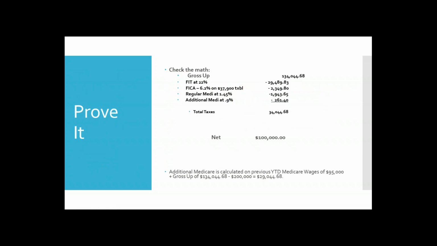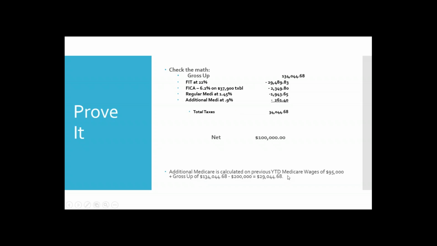And once again, we can prove this result. If we take our gross up amount of $134,044.68, federal at 22%, FICA at 6.2% on the $37,900 that remained to be taxable, the regular Medicare at 1.45%, and then the additional Medicare at 0.9%.